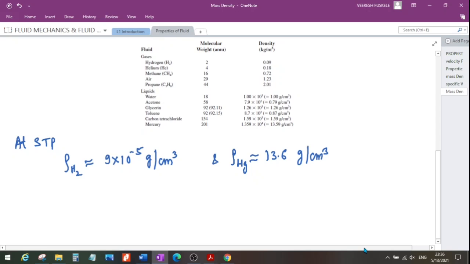But for gases, the changes in the density induced by temperature and pressure can be significant and must be accounted for to correctly predict the behavior of a gas, right? So we'll investigate this common state equation for gases a bit later, but this is what I just wanted to discuss about density.